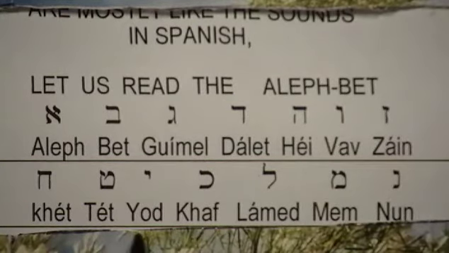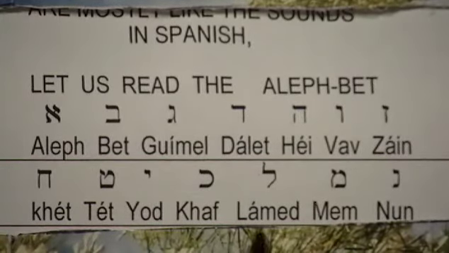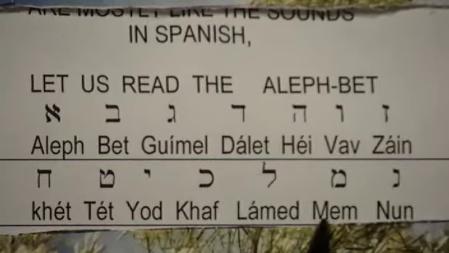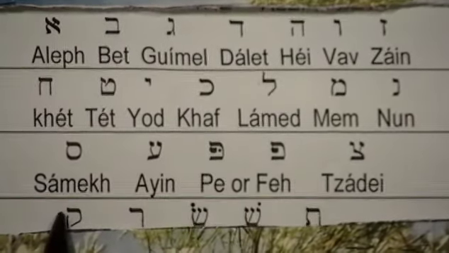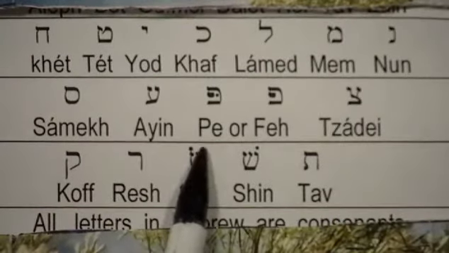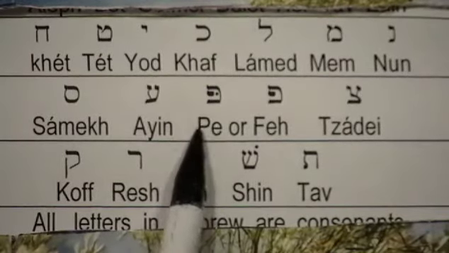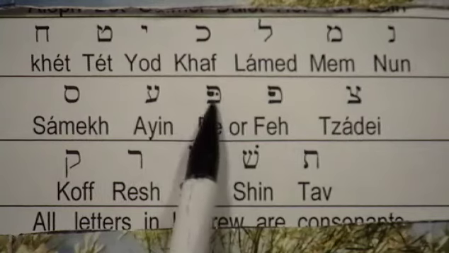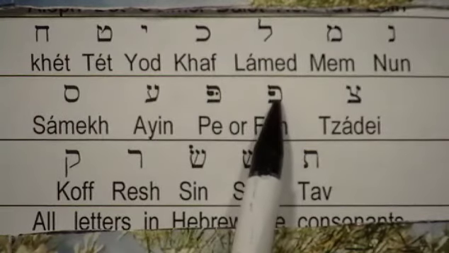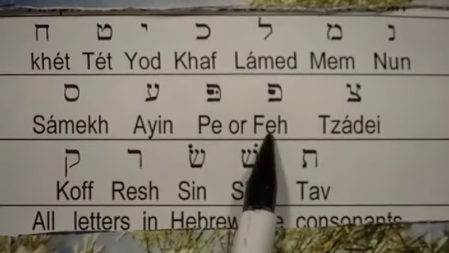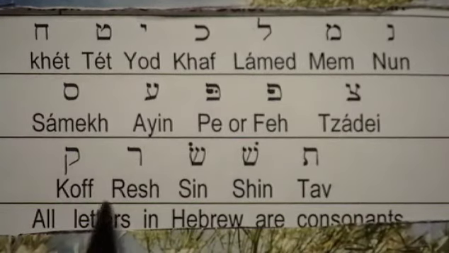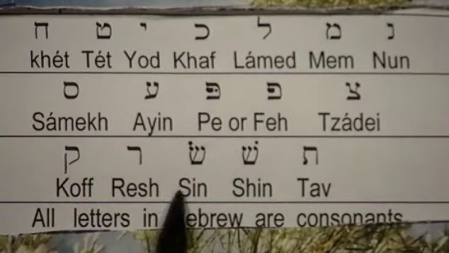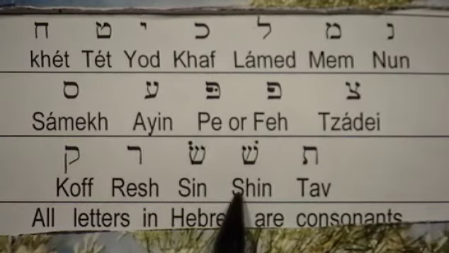Tet, Yod, Chaf, Lamed, Mem, Nun, Samech, Ayin, Pe with a dot inside. Without the dot inside is F. Sadi, Kof, Resh, Sin, Shin.